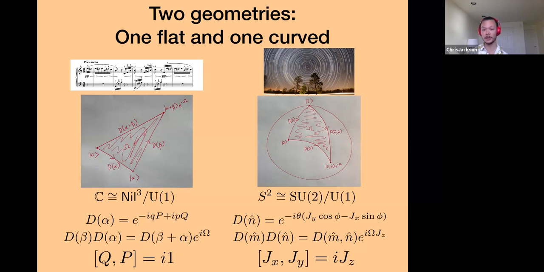Okay? My favorite applications of these two geometries, of course, are music, because music can be thought of as time frequency localized signals. And you can think of this Q as a time and this P as a derivative with respect to time, and then this being just what they are. They're commutators.